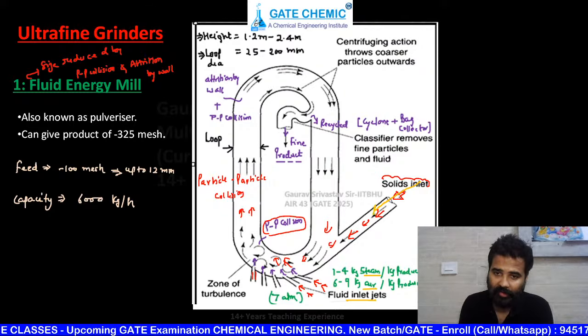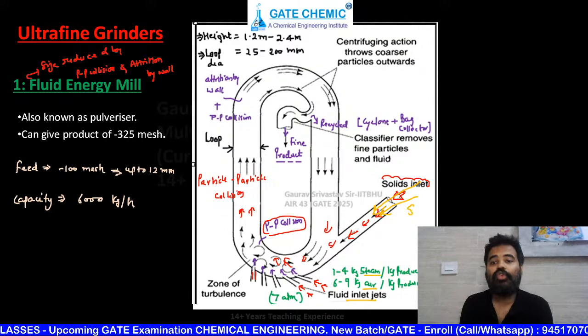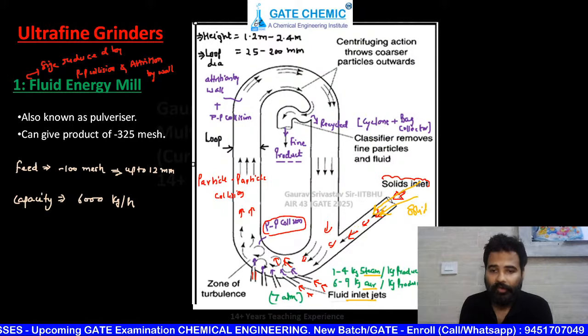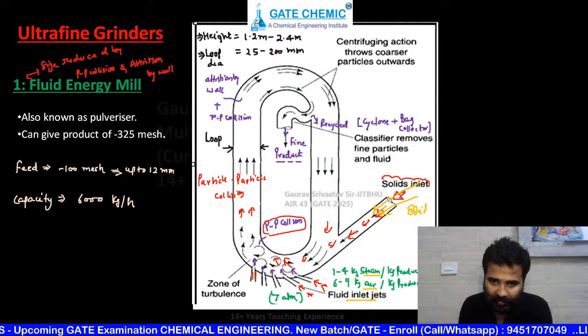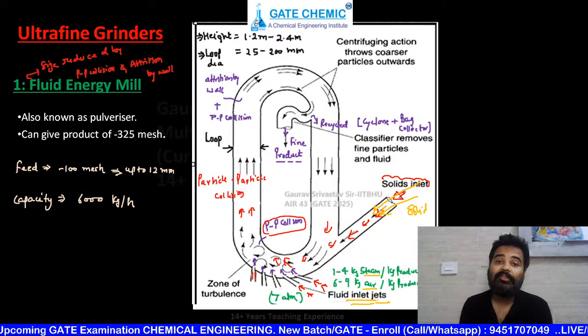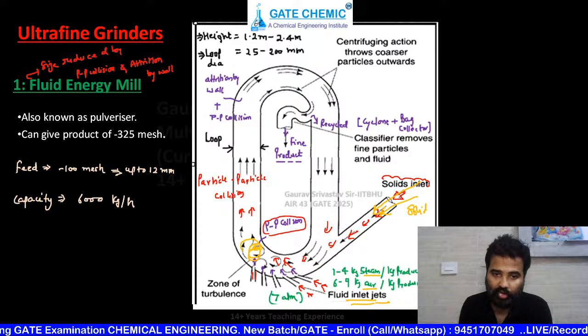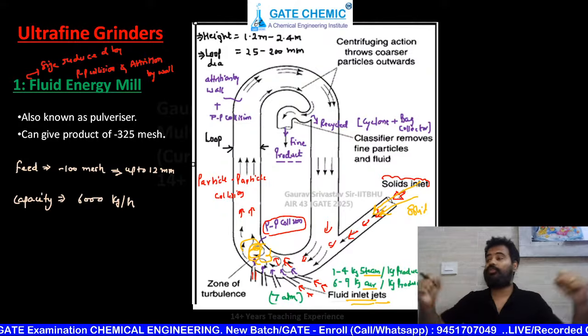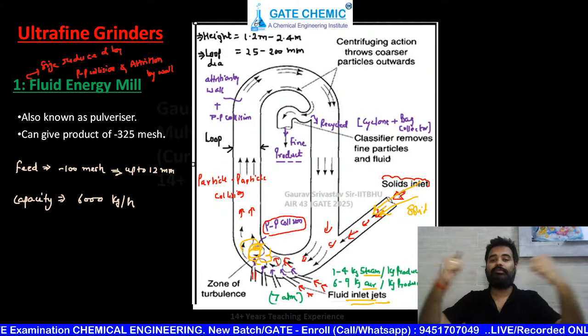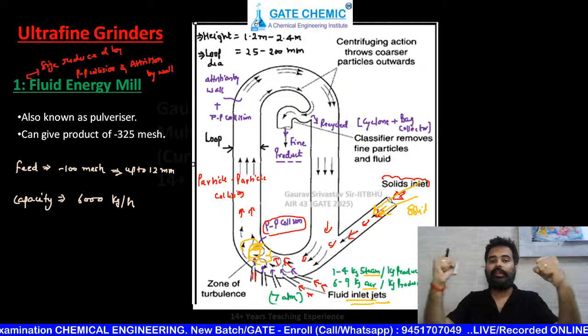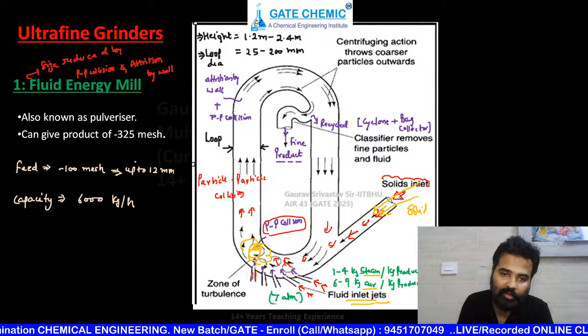Now from here you are going to enter your solid. Now when it makes contact with these very high velocity jets, turbulence is going to occur. This is the zone of turbulence. Solids are now colliding with each other, particle collision, and they are also going to collide with walls, particle wall collision.